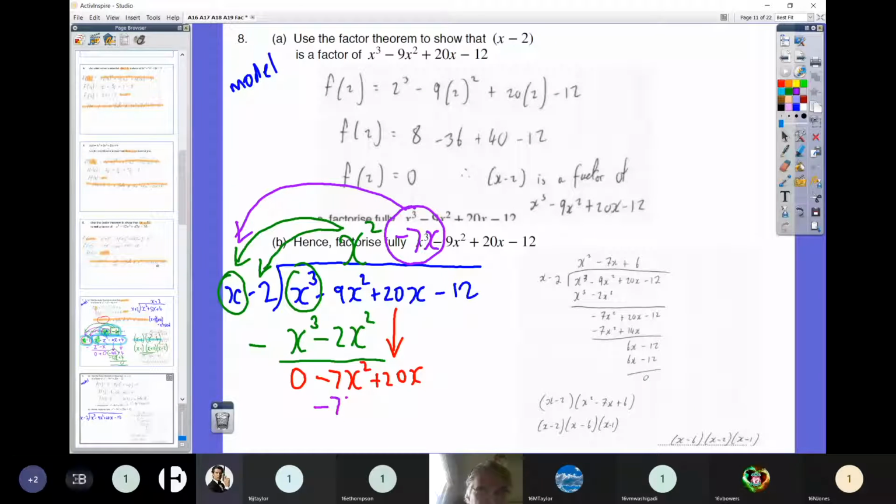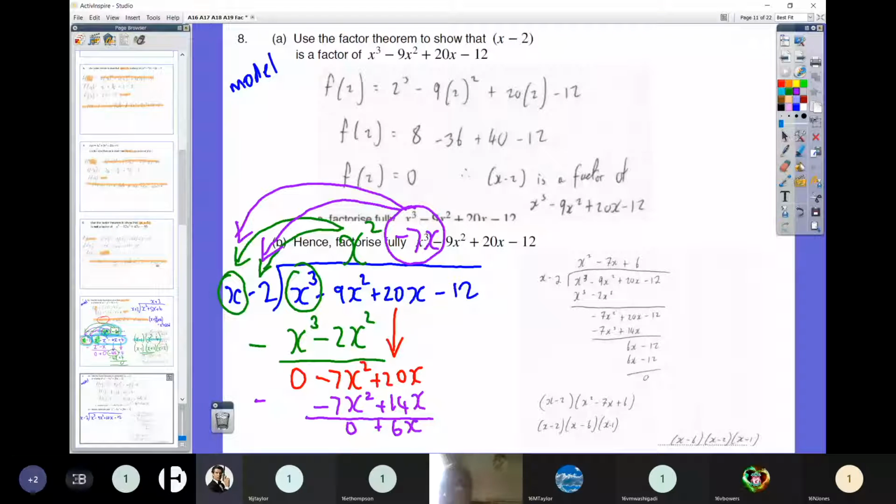Had to be, that one had to cancel out. And then our second claw, minus 7x times minus 2 is plus 14x. And then we take away. 20x take away 14x is 6x.